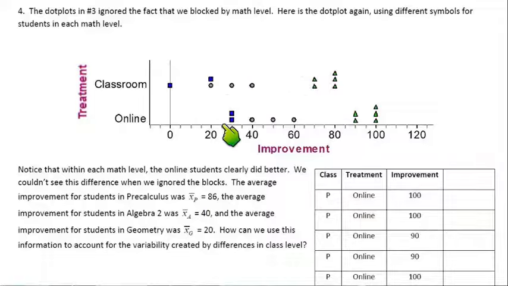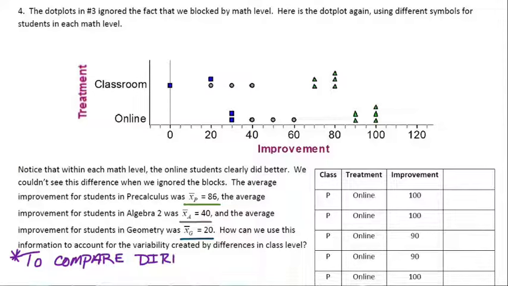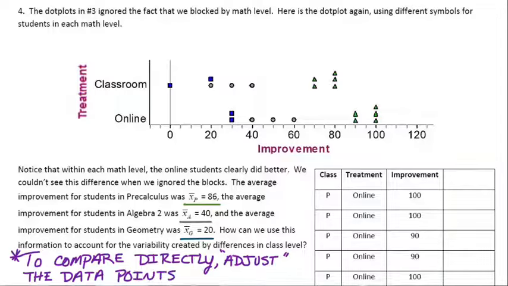And since the lowest improvement was geometry at 20, I'm going to use that to adjust the rest of my scores. So let's assume that on average, everyone improved 20 at least. So that's how we're going to adjust our scores. So to compare directly, we're going to adjust the data points.